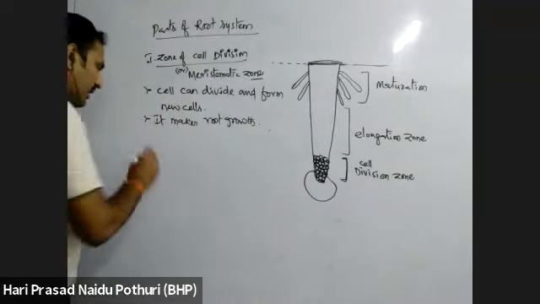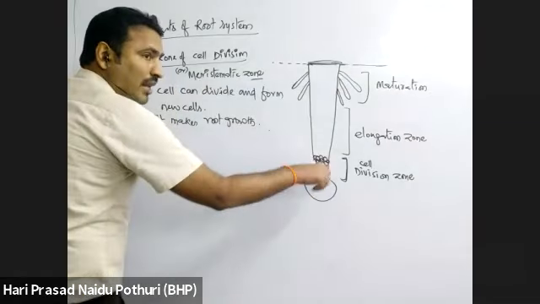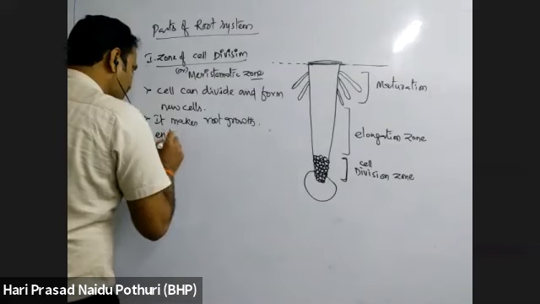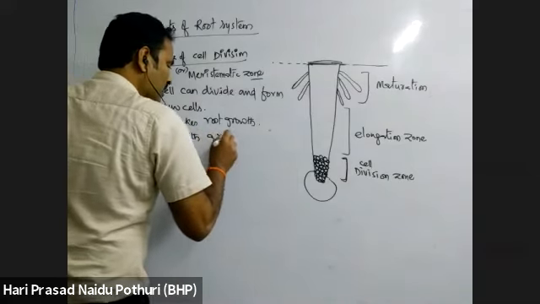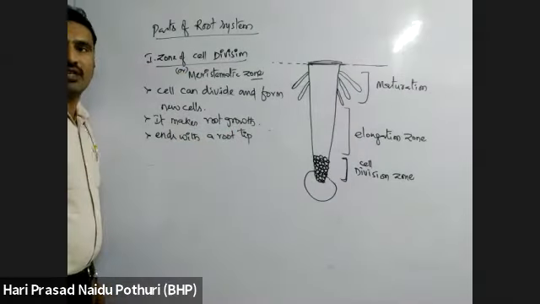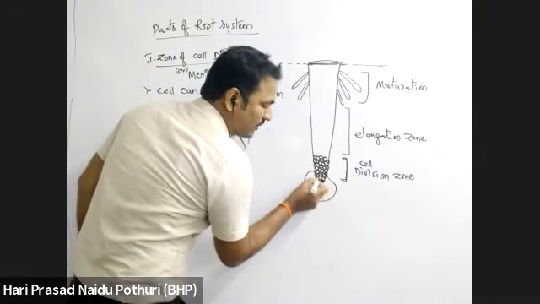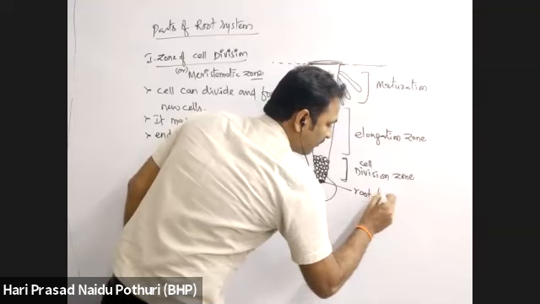Okay, and here this is what we can say is the terminal, and this part ends with the root tip, the zone of cell division. This ends with a part called the root tip.